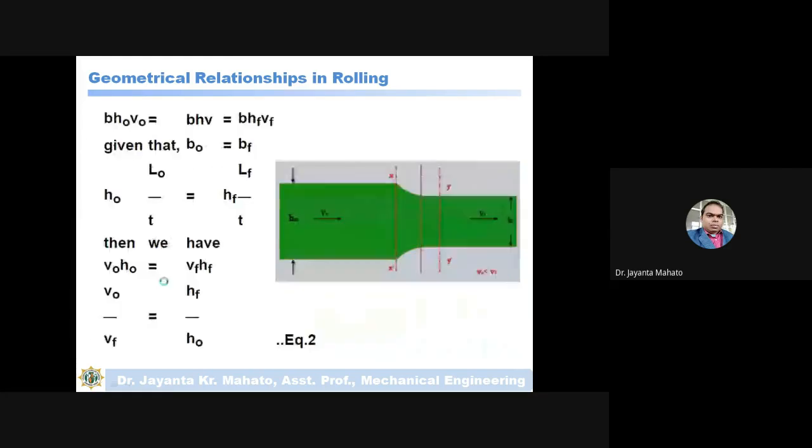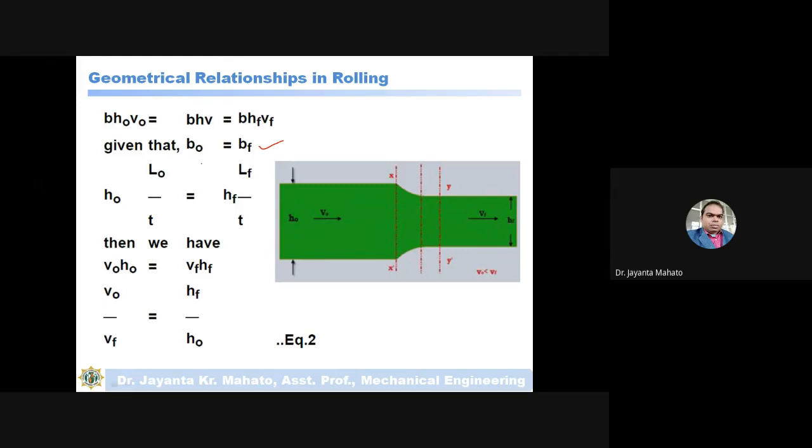So from this relationship, here B equal to B naught and BF, the widths are always the same, and we consider that there is no extension in width.